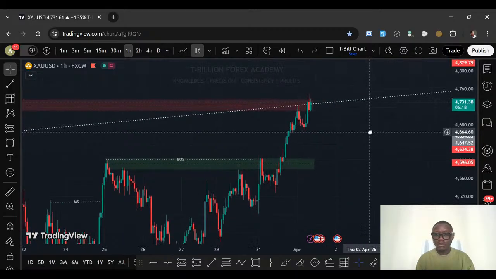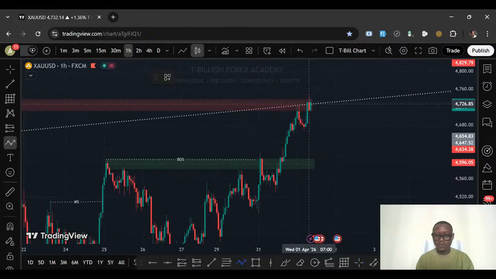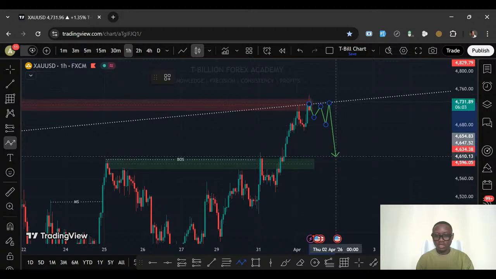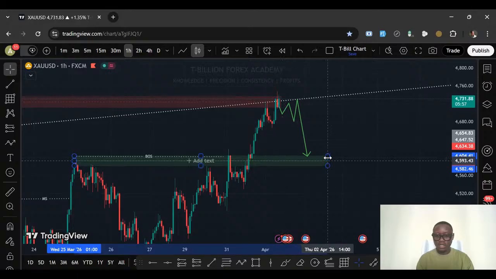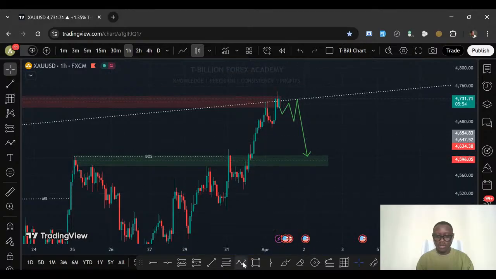So that is that on GBPUSD. What I'm expecting right here is this. I'm expecting probably something like this. Then I'll take my trade right here to this level. And once we get to this buy zone, I would, without hesitation, buy.